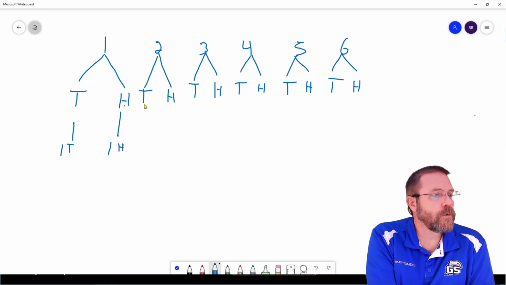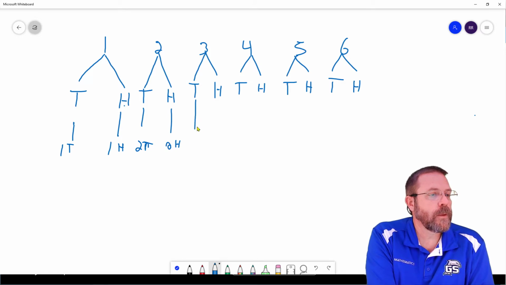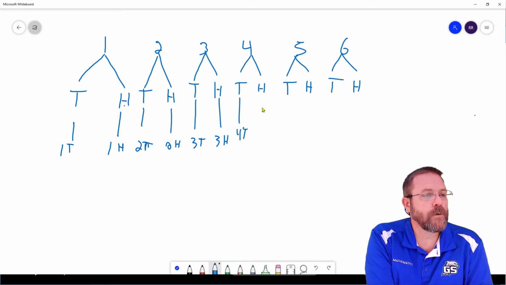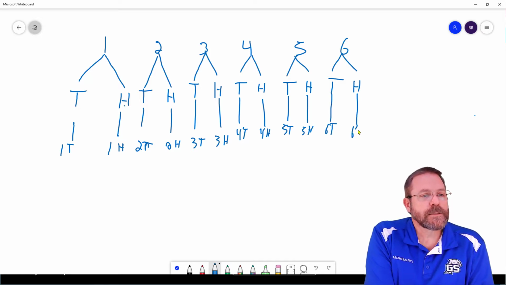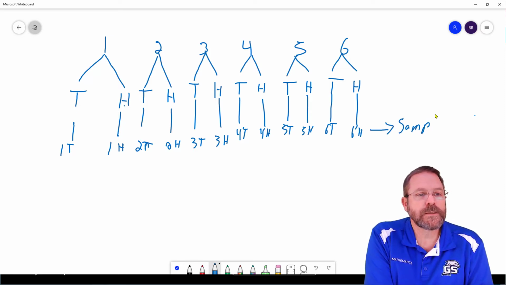If you did 2, then you'd have a 2 and a tails, or a 2 and a heads, a 3 and a tails, or a 3 and a heads, a 4 and a tails, a 4 and a heads, a 5 and a tails, a 5 and a heads, a 6 and a tails, or a 6 and a heads. And all these things combined are your sample space, a list of all the possible outcomes.